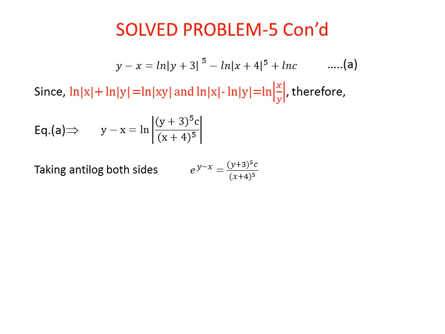So it becomes e to the power y minus x, which is equal to (y plus 3) to the power 5 times c divided by (x plus 4) to the power 5.